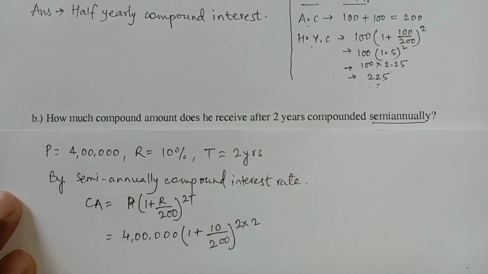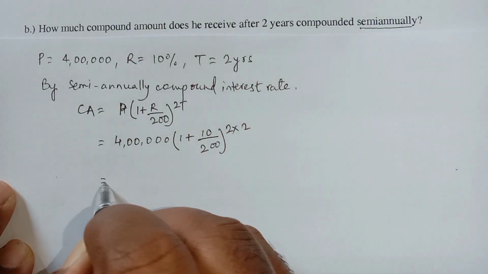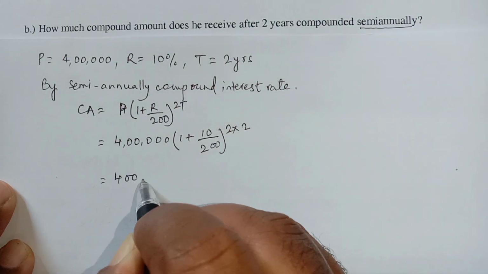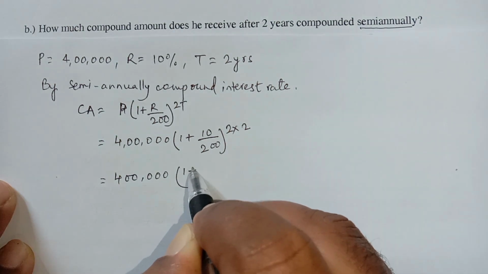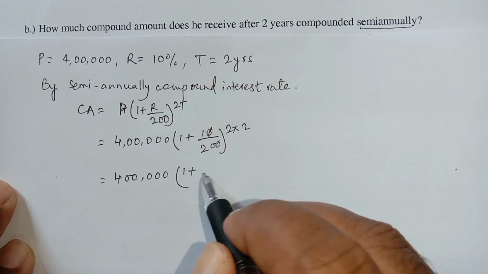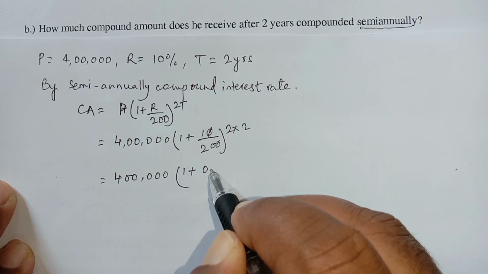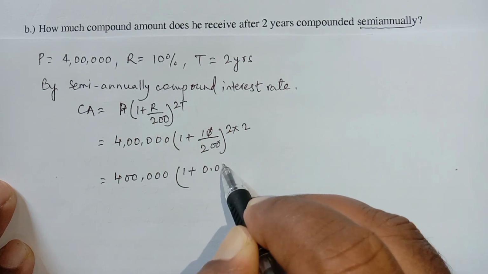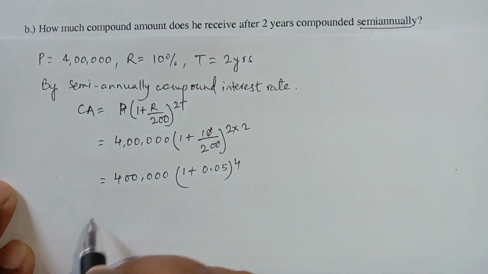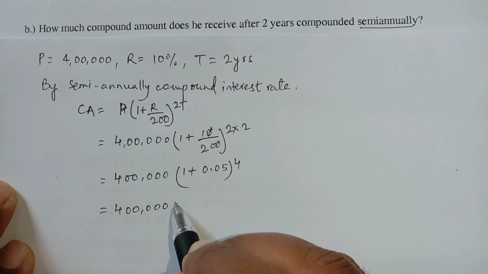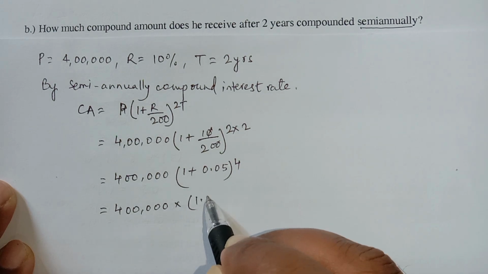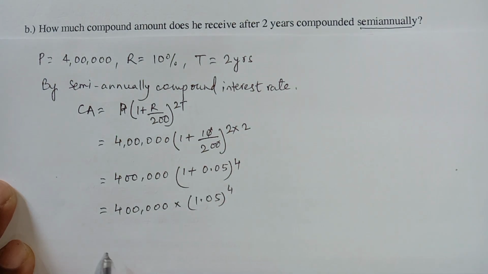Finally we have 4 lakhs times (1 plus 0.05) power 4, which is equal to 4 lakhs into 1.05 power 4.